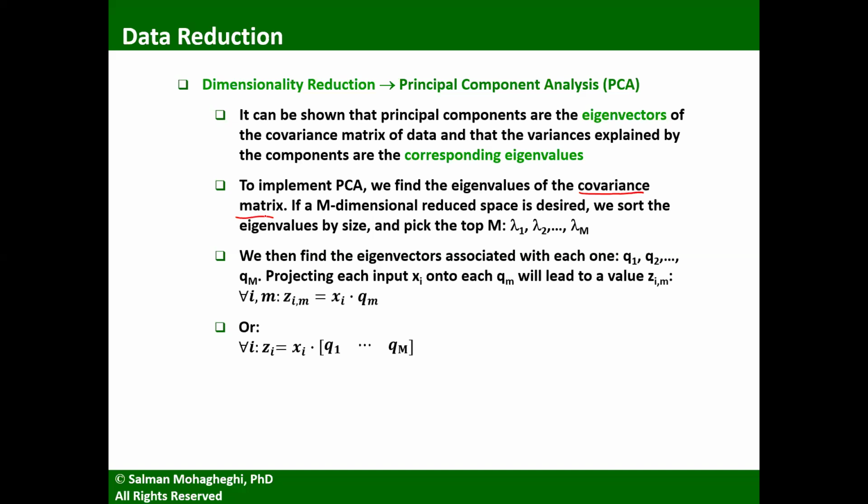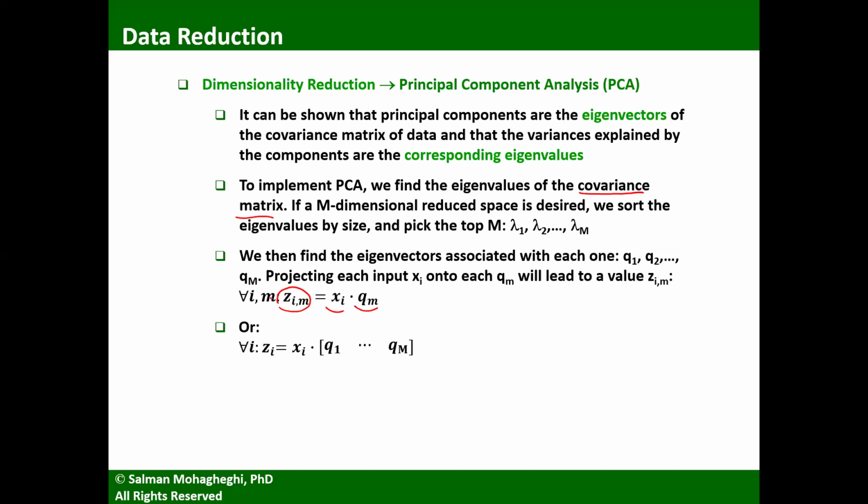And then once we find those eigenvalues, what we do is we derive the eigenvectors associated with each one, and then by multiplying the original data instance by, let's say, eigenvector m associated with principal component number m, we can find the z_im value. And we can repeat this for each of the new reduced dimensions.